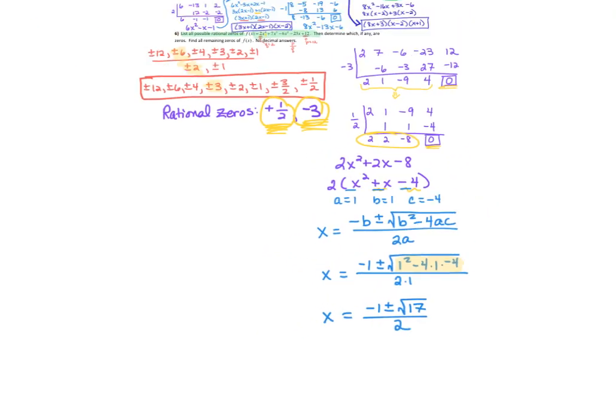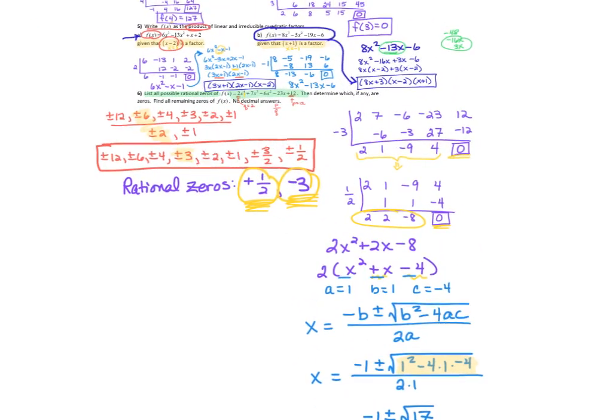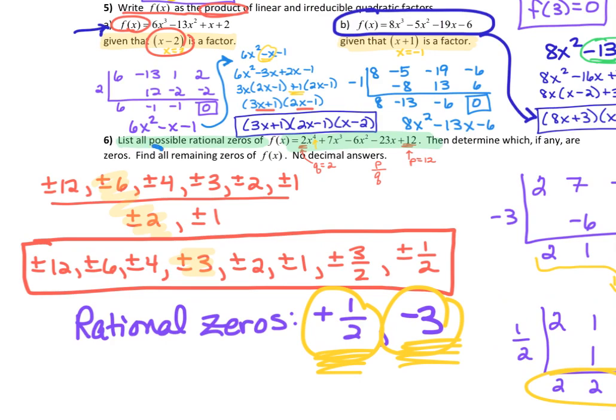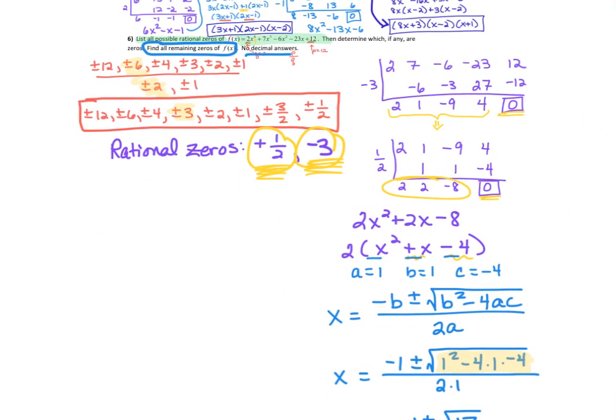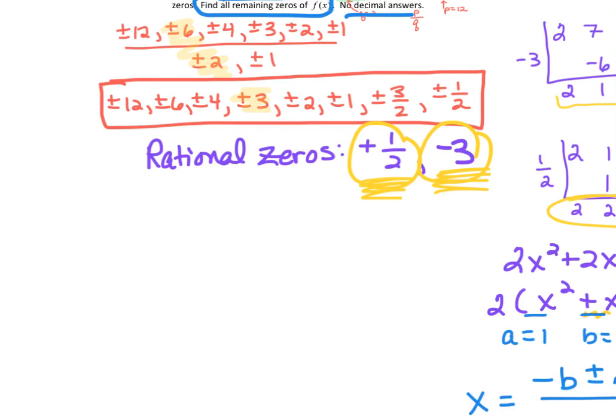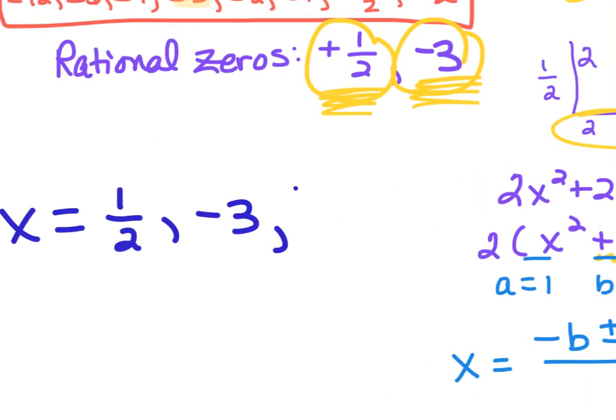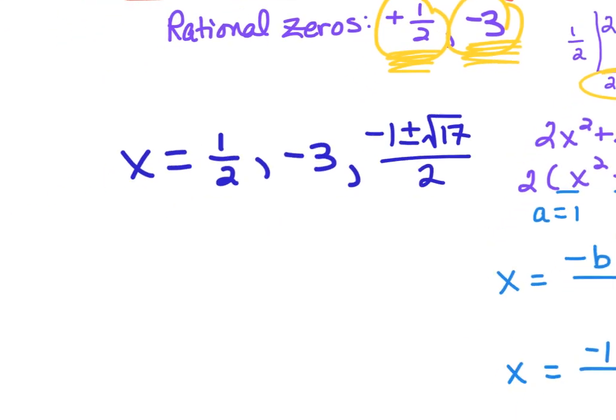And the problem is asking, I worked way down there, didn't I? The problem is asking you to find all remaining zeros of f of x, and no decimal answers. What I like to do, just to make sure that I see all 4 of the solutions in the same place, is write x equals 1/2, -3, and it was -1, right? -1 plus or minus radical 17 over 2.